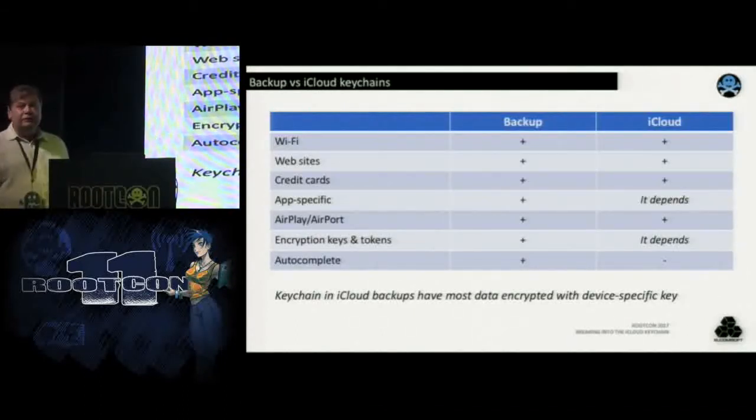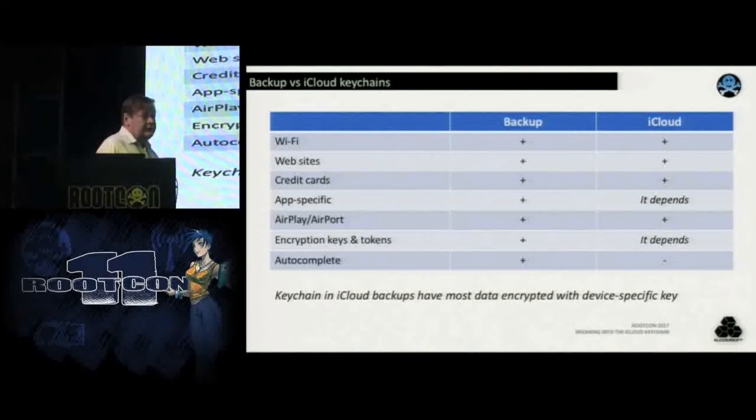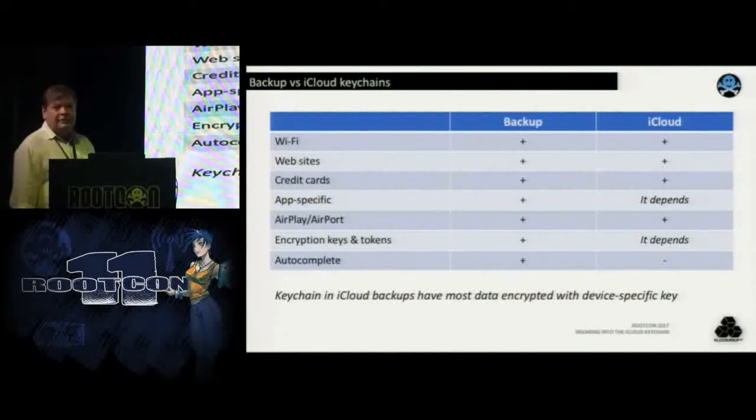Comparing the keychain stored in the iOS local device backup made with iTunes and in the iCloud, we can find several differences. The passwords to Wi-Fi networks and to websites and credit card numbers exist in both the local keychain and the iCloud keychain.